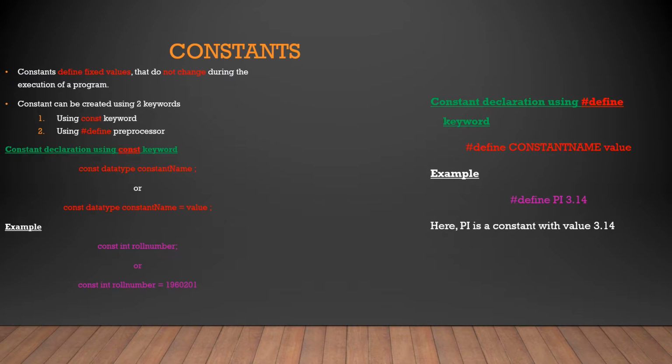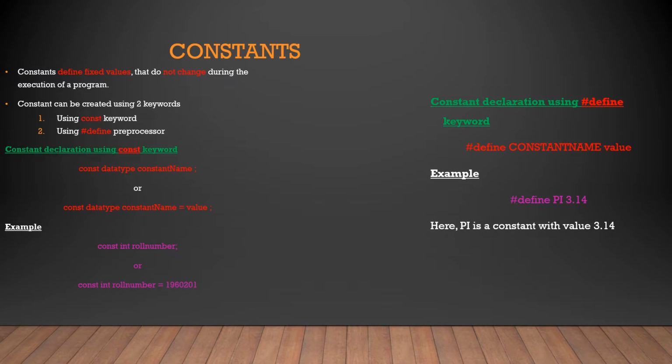It should not change. The syntax we follow to declare a constant variable is the const keyword, followed by a data type. It can be any primitive data type like int, float, char, etc. And the constant name, you can give any name for the variable which you want to declare as const.